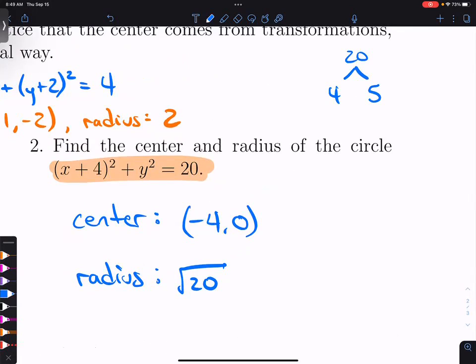And 4 is a perfect square, right? So the square root of 20 is the same thing as the square root of 4 times 5. And the square root of 4 is 2. So the square root of 20 is the same thing as 2 square roots of 5. So we can simplify that down a little bit further, even though 20 is not a perfect square.